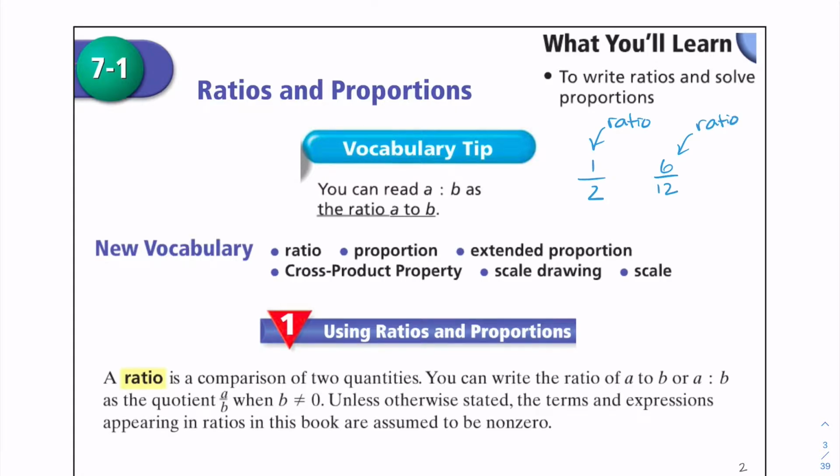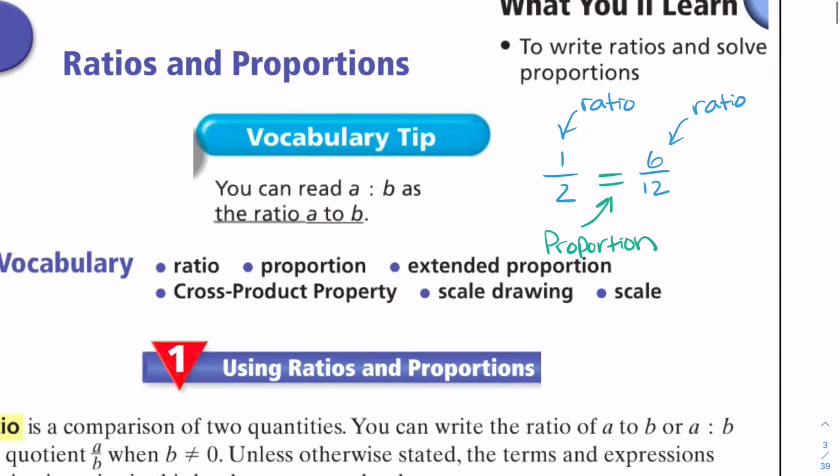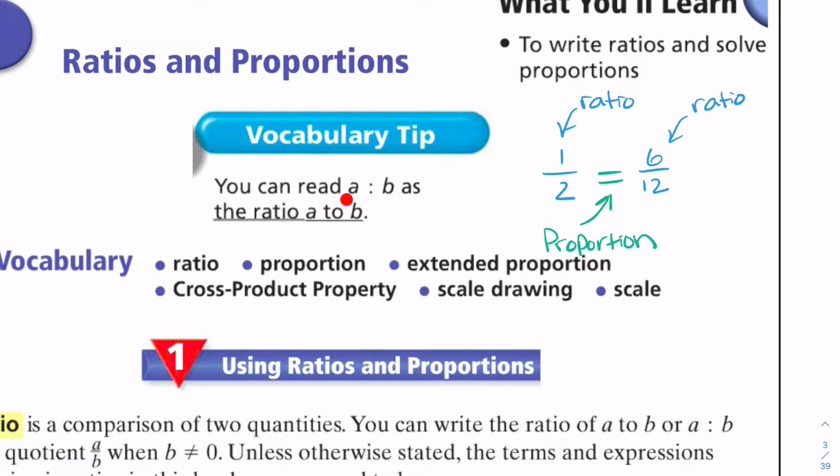And when we put them together with an equal sign, that's what makes a proportion. So it's when we set two ratios equal to each other. So it can be read as A colon B, which is the ratio of A to B.